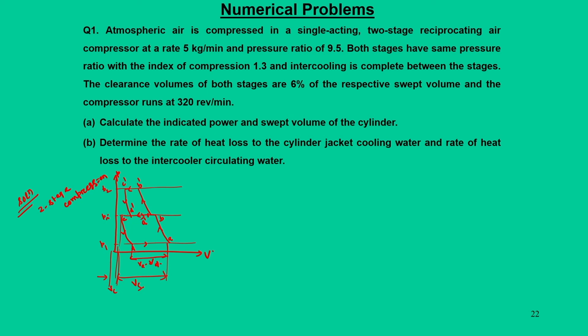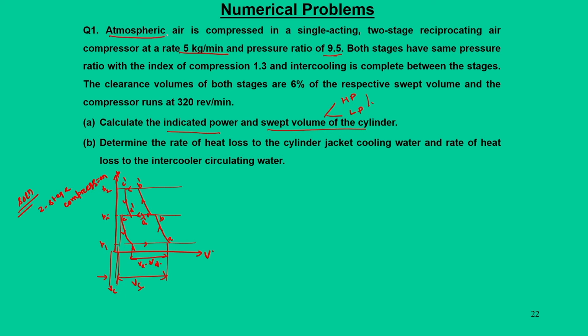Okay. So, our main target is to find out the indicated power first, and the swept volume of the cylinder. For the swept volume there are two parts, one high pressure, the other low pressure. You have to calculate them separately, and this is for a given mass flow rate, that is 5 kg per minute, with a pressure ratio of 9.5, and the gas at atmospheric conditions.